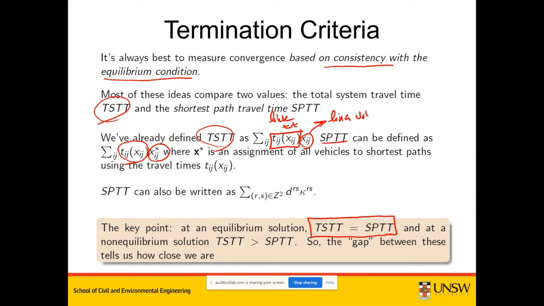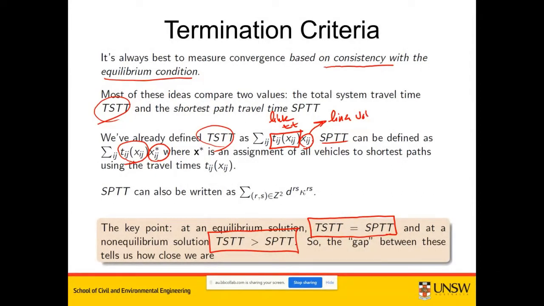To find out how far we are from the equilibrium, we can look at the difference between the shortest path travel time and the TSTT. If the TSTT is much larger than the shortest path total travel time, that's an indication that you are very far from equilibrium.